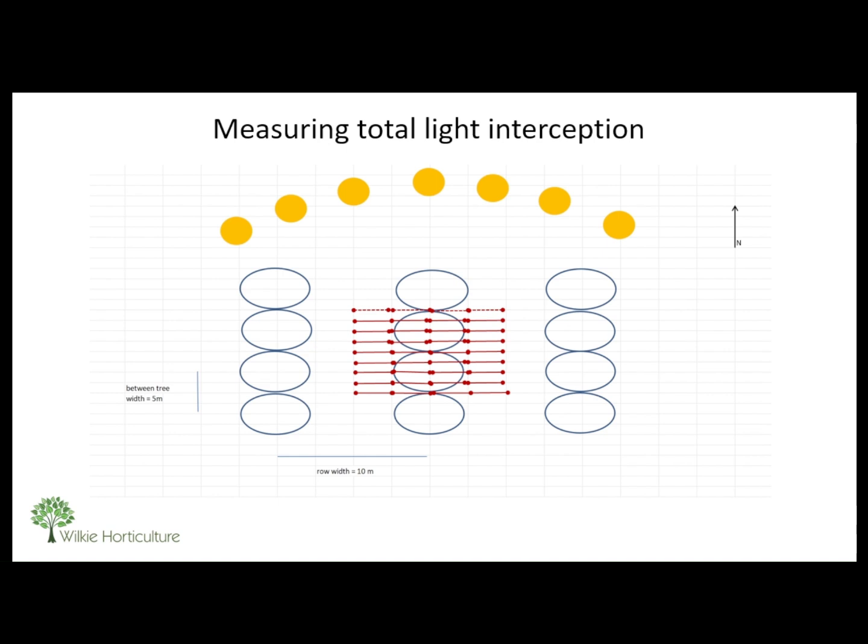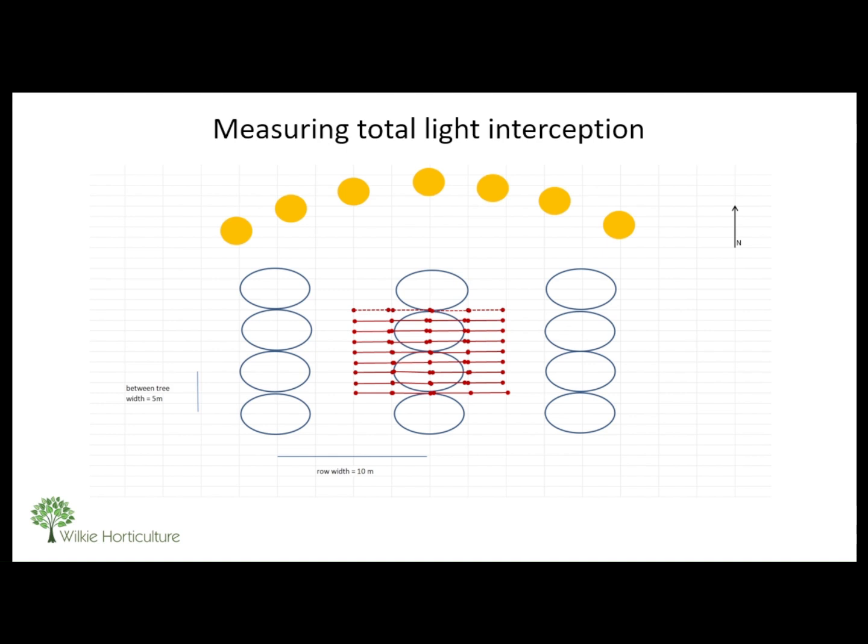And in this example, we've got a 10 metre width going from halfway between one row to halfway between the other, and then the length along the row that the plot occupies, and we can run a grid section. We could do that early in the morning, mid-morning, noon, to get an average, or we could wait for that cloudy day and just measure it once during the day.